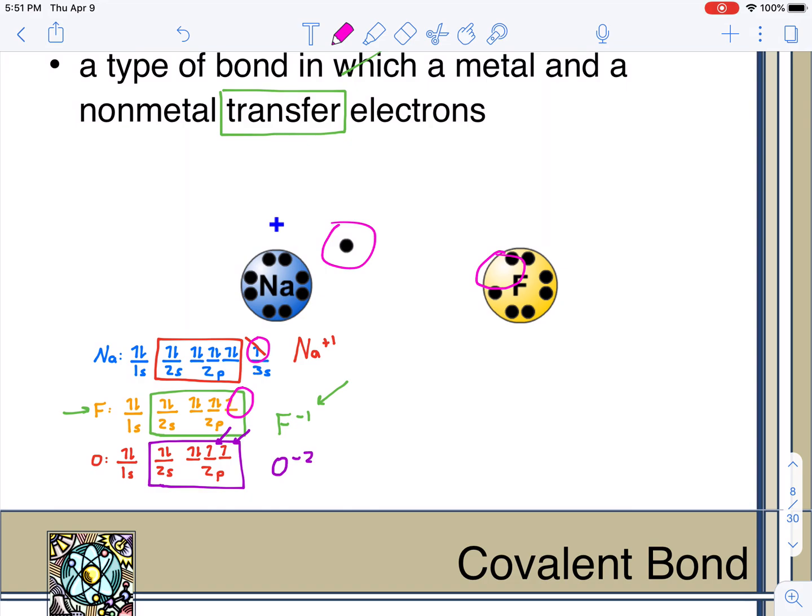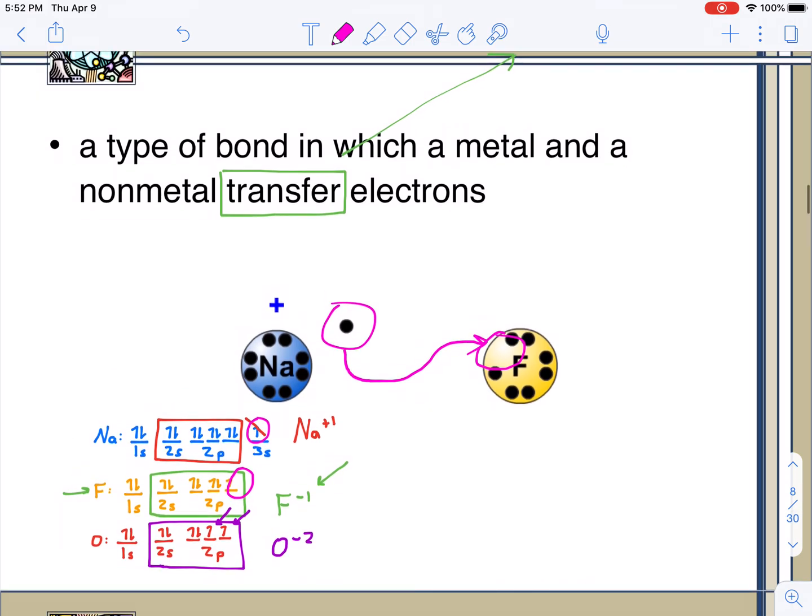And so if sodium and fluorine pass each other on the street, sodium's going to be all too happy to give away this electron that's just kind of out there floating, and fluorine's going to be super pumped to acquire that electron, right? So this is a mutually beneficial situation for both of them. If sodium can get rid of its electron, fluorine can then accept it. They're really happy with that situation. So this is an ionic bond whenever we transfer an electron from one atom to another.